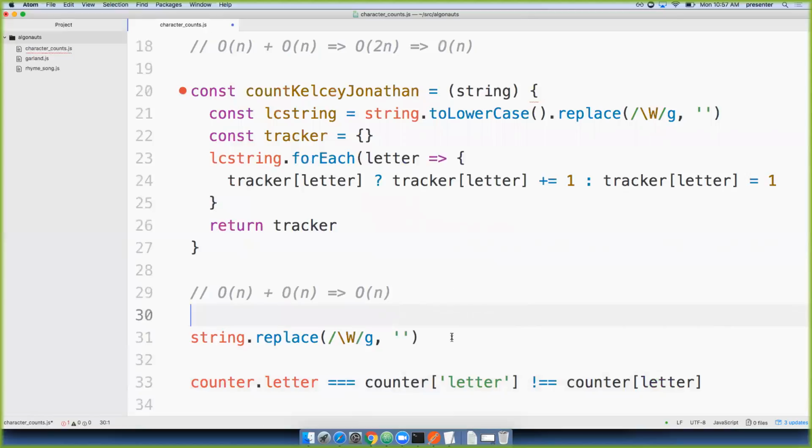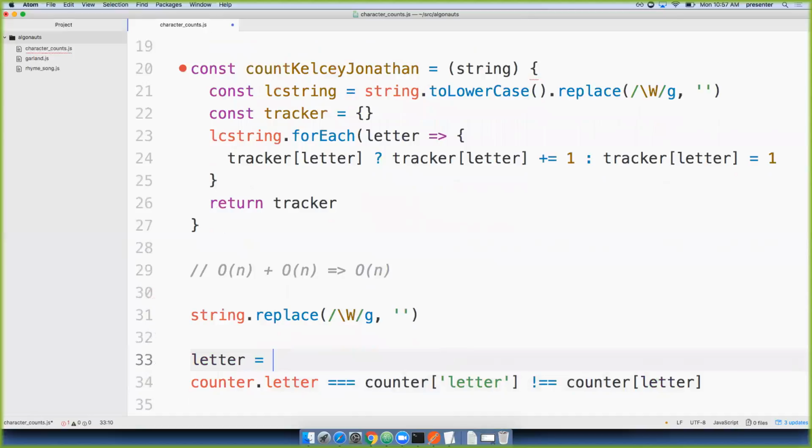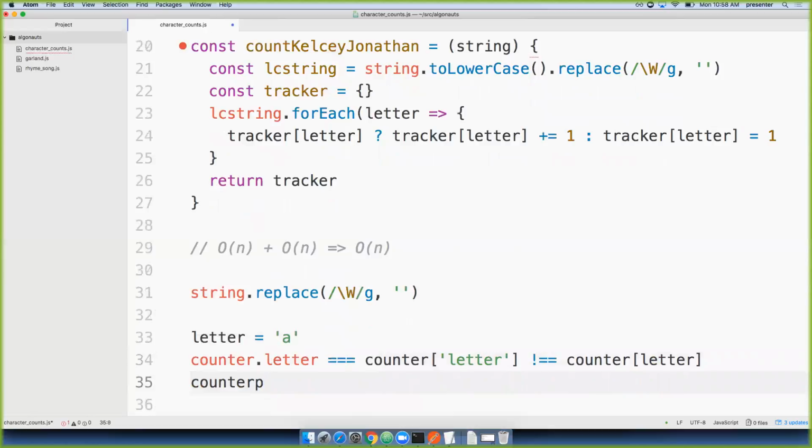It's because, so if letter, counter dot letter is going to be this, but this is value and property. Okay, I can see that.